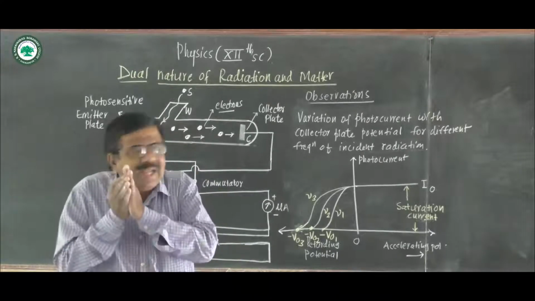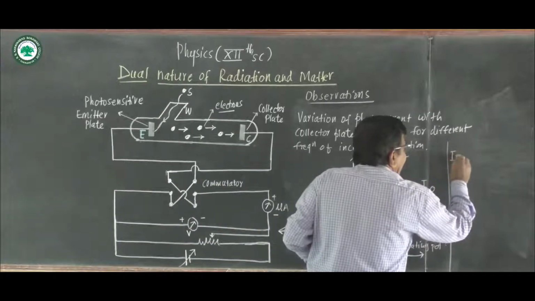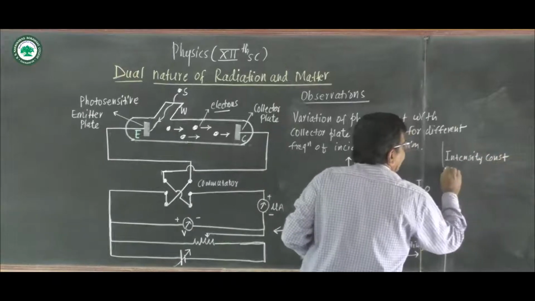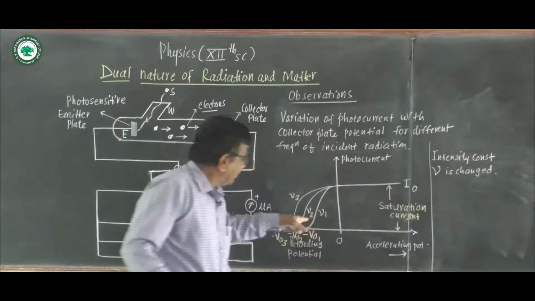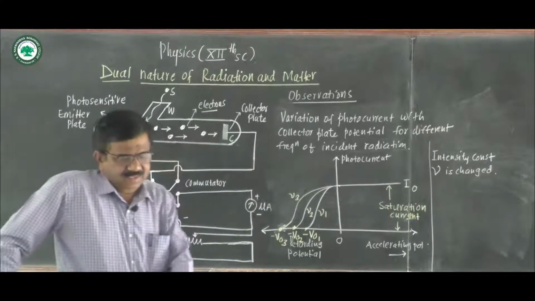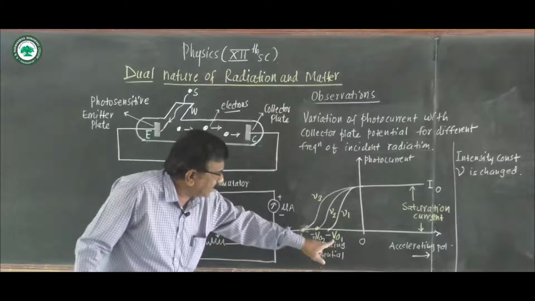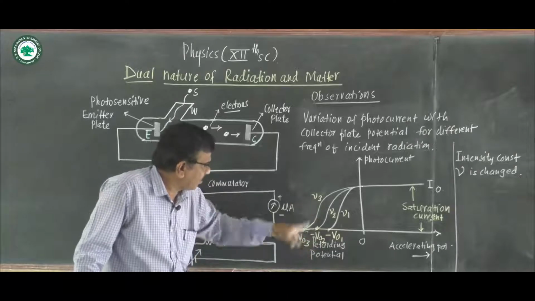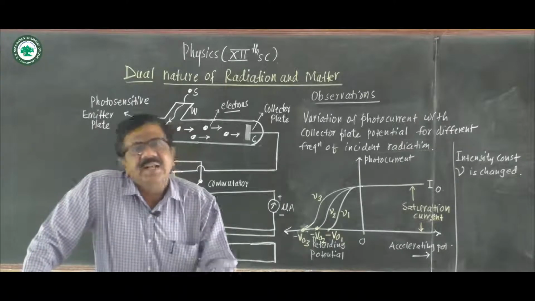One main thing, intensity of radiation is constant and frequency is changed. For nu1, stopping potential is minus V01, for nu2 minus V02, and for frequency nu3 minus V03. Intensity of incident radiation is constant and frequency is changed.